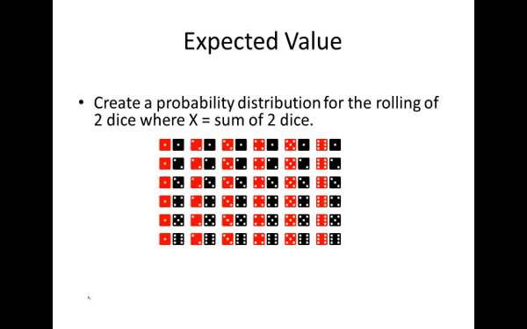We could also do this with the sum of 2 dice. In fact, we did this in the last presentation. Remember, I used diagonals. This was 1 out of 36 for a sum of 2. For a sum of 3, it was 2 out of 36, and so on.